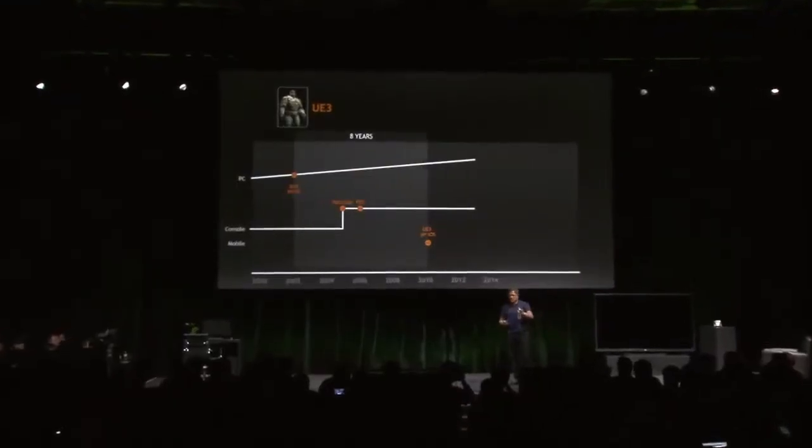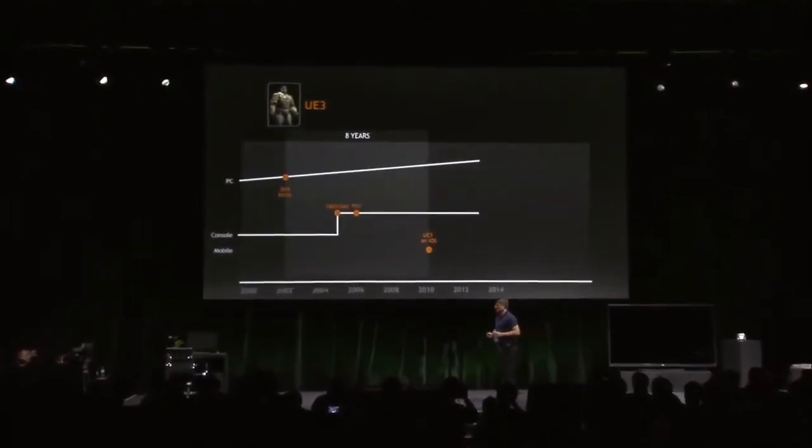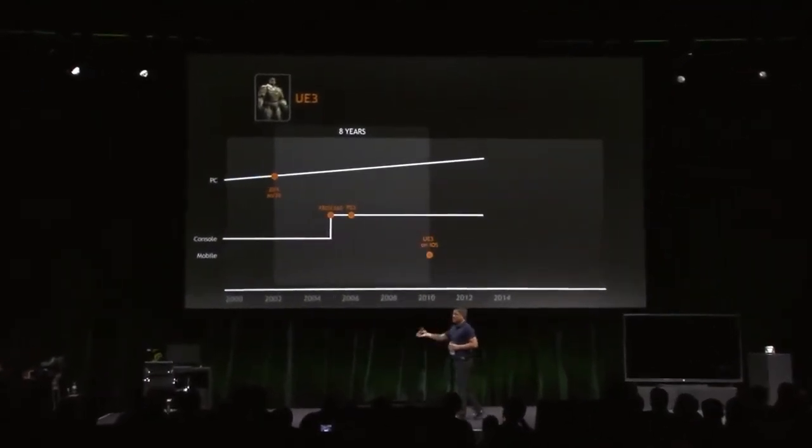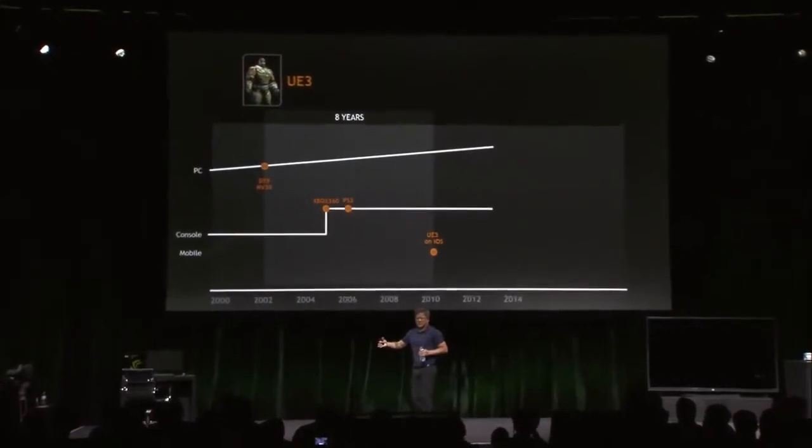It wasn't until several years later that Xbox 360 and PlayStation 3 brought DX9 to game consoles. And then many years after that, it came to mobile devices. For the very first time, with Unreal Engine 3, with Infinity Blade from Epic running on an iPad, the iPad was the first capable machine to be able to run an engine that was introduced in the year 2002.